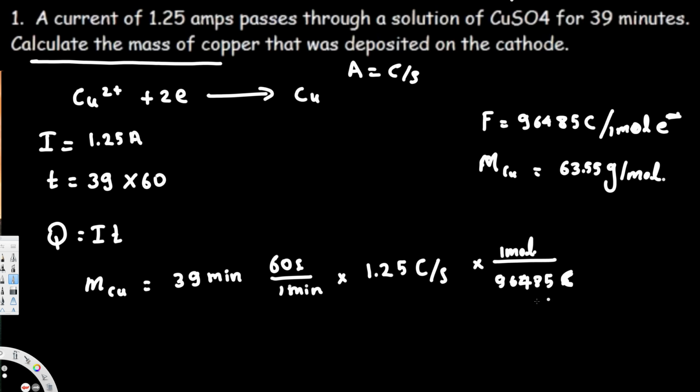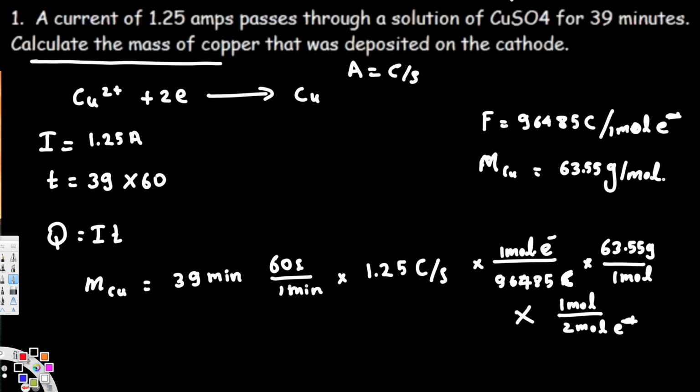And then we have the molar mass of copper: in 1 mole we have 63.55 grams per 1 mole. And also we have 2 moles of electrons, so we have to multiply this one by 2 moles. In 1 mole of copper we have 2 moles of electrons. Maybe I write the electron here too, because that way we can see that one also cancels.